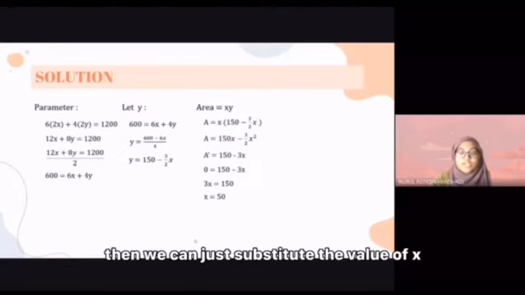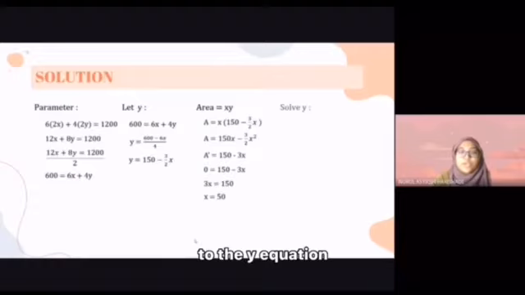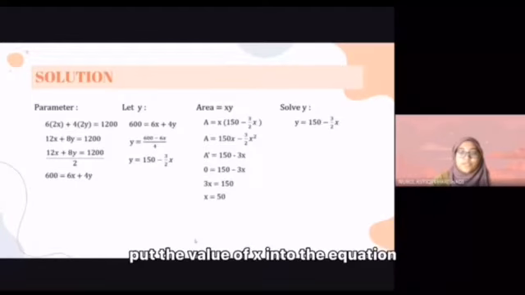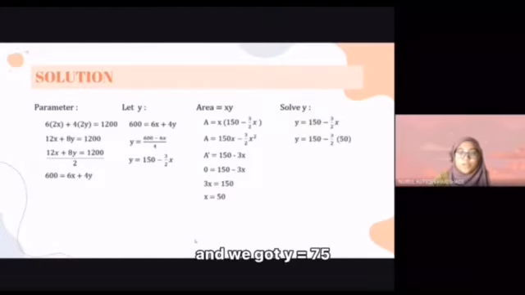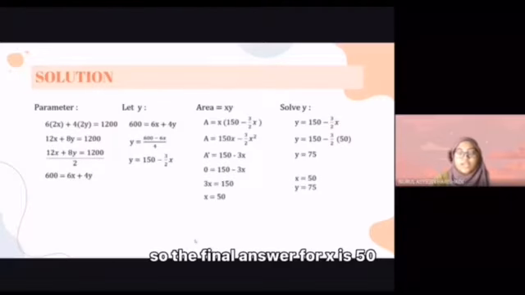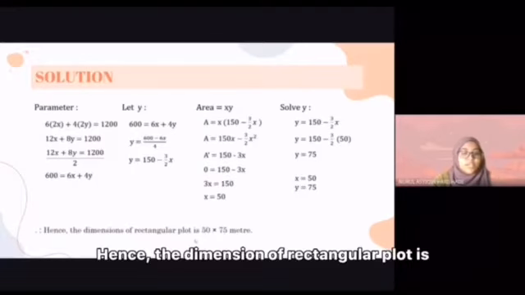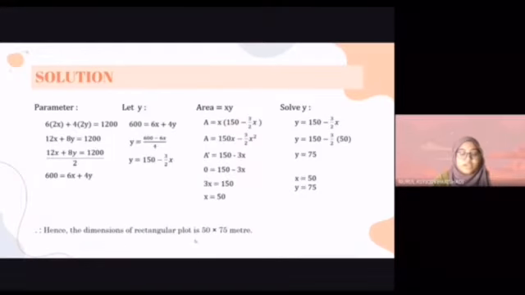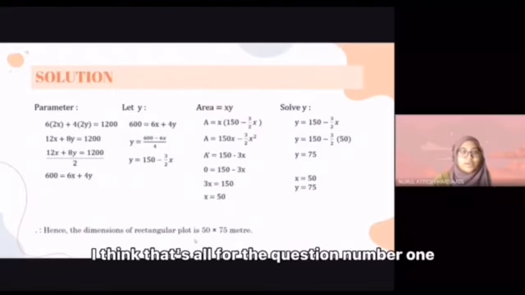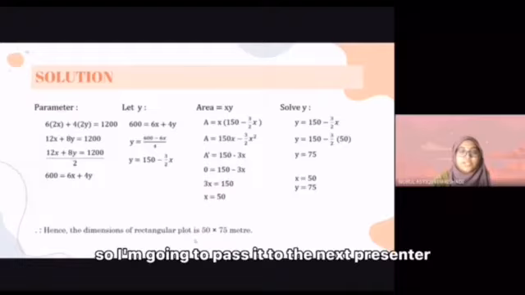Then we substitute the value of x into the y equation, y equals 150 minus 3/2 x, and we get y equals 75. So the final answer for x is 50, while y is 75. The dimensions of the rectangular plot are 50 by 75 meters. I think that's all for question number 1, so I'm going to pass it to the next presenter. Thank you.